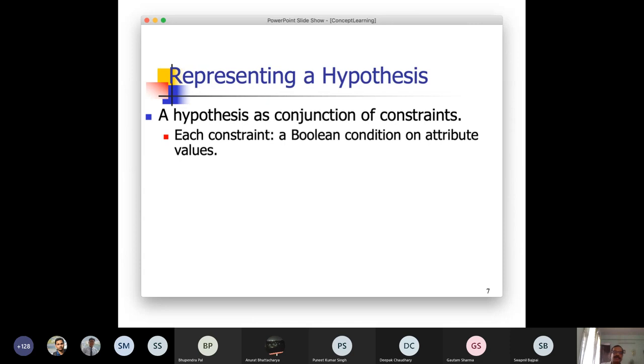Just to summarize, as I was mentioning, each constraint is a Boolean condition on attribute values, as I just explained. So far I have given this example with a specific value. Say water equals warm, then either it is warm or not warm, and it will be true.